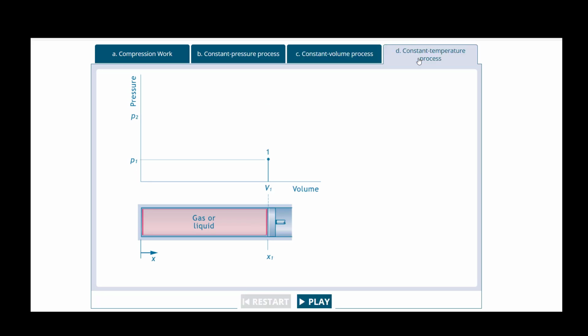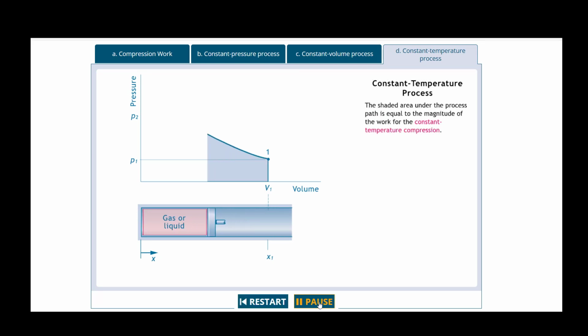And then constant temperature is, there you go. The reason why this looks like this is because what we're looking at right now is a PV diagram, pressure volume. You see that on the XY axis. This is actually an XYZ chart.